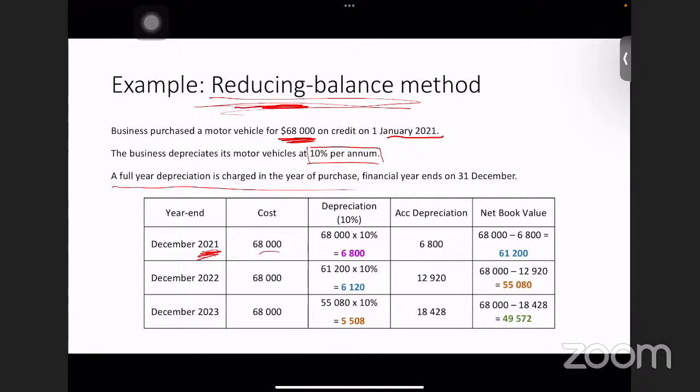Although it's reducing balance method, but first year, so reducing balance, we do a recap. Reducing balance, I will take MBV times rate, right? So MBV, how to get cost minus OQD. So for here, this is the first year, right? So first year, do I have any MBV? Do I have any OQD? I don't have because it is the first year.